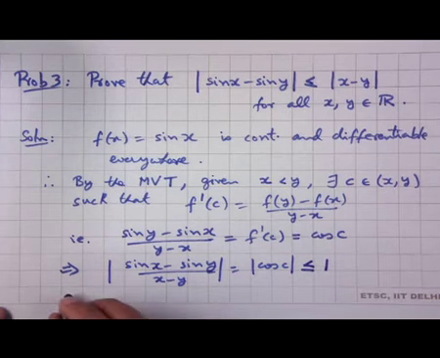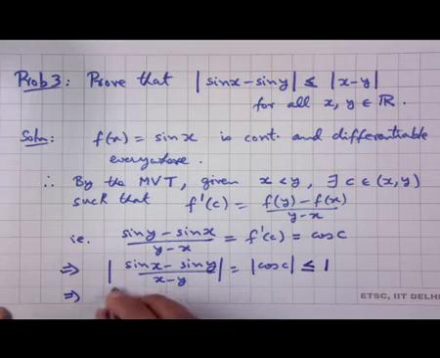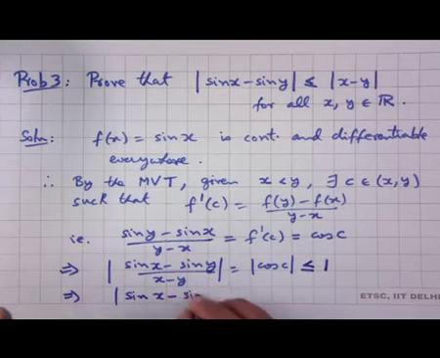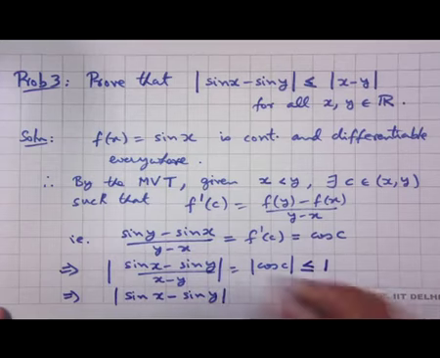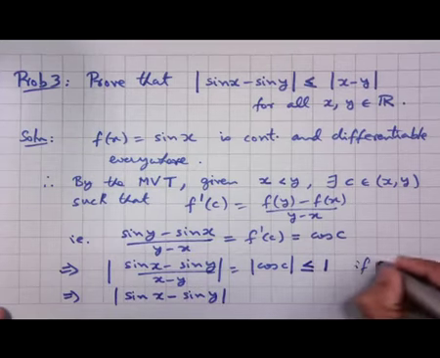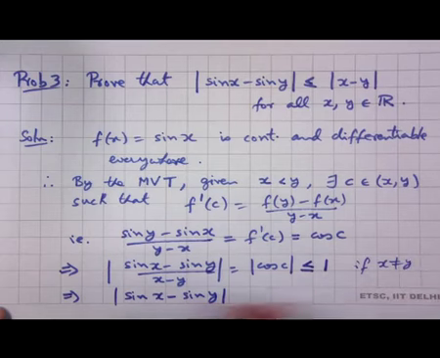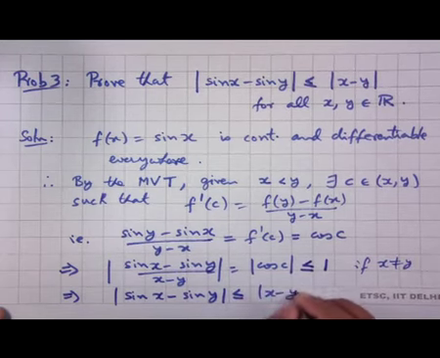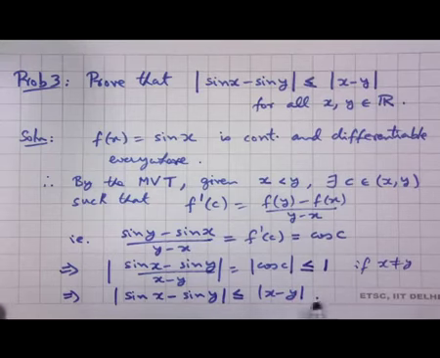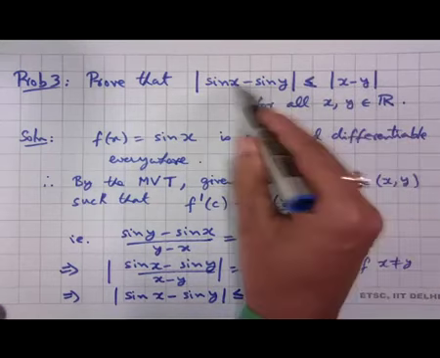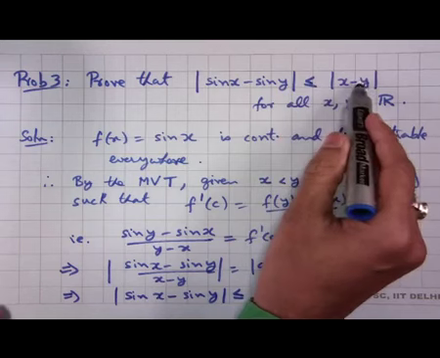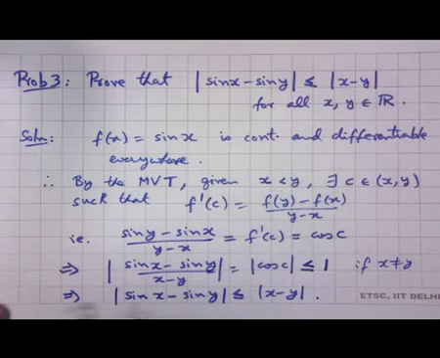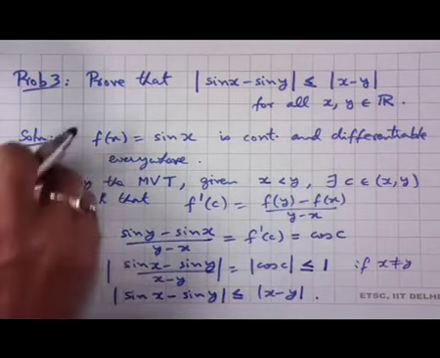This implies that if x is not equal to y, mod sin x minus sin y is less than or equal to mod of x minus y. And of course, if x is equal to y, then both left hand side and right hand side are 0. So, this is true for all x, y.